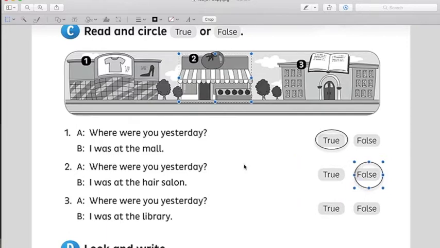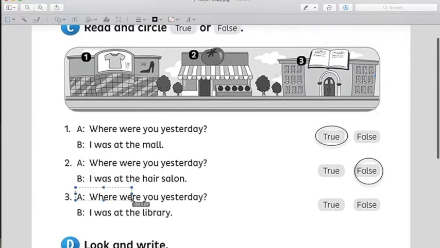All right. And the last one, where do you get books? Where do you borrow books? The library. So let's read the sentence. Where were you yesterday? I was at the library. So this is a library. So that is true.